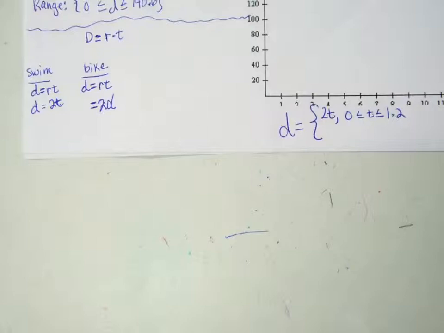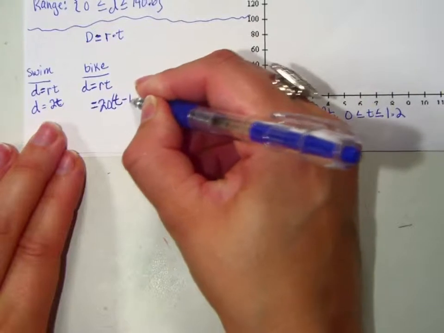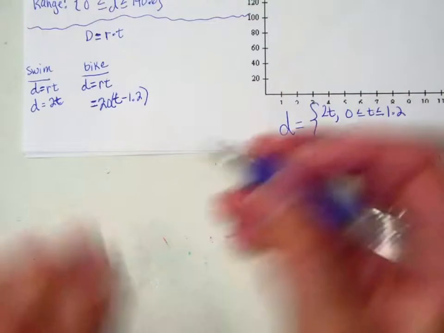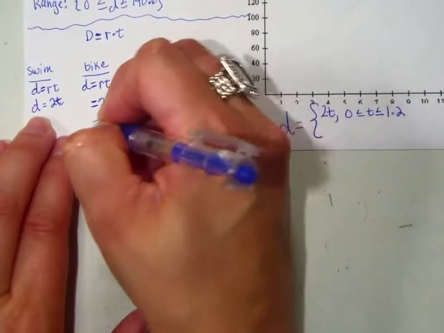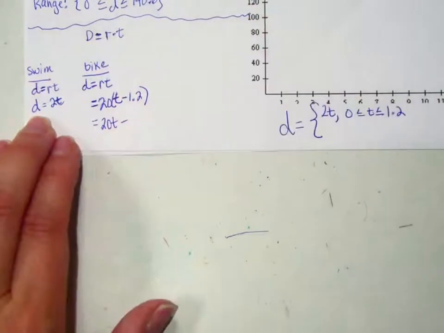But here's where we have to think about it: during the bike race, this is the total time minus the time she spent swimming. That is how we have to express time during the bike race. The total time, but minus the swimming. So we could distribute our 20.